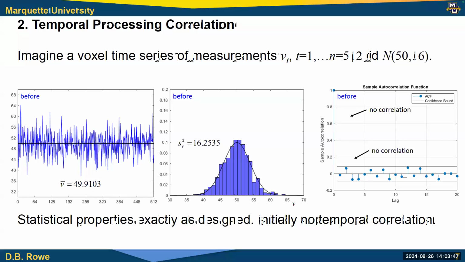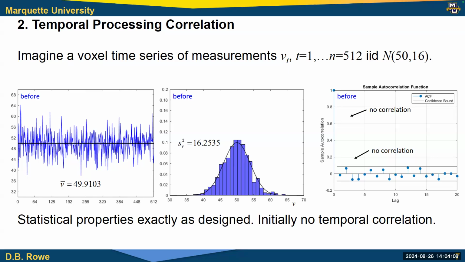And so what happens is this process changes the statistical properties of our data. Okay? You can see that the mean is preserved. The mean is still about 50 from the way that I designed it. We made a histogram of these measurements, right? Here it's just random noise to start with.